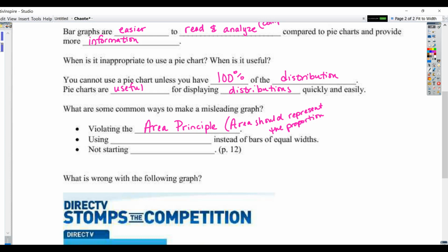So let me just give you a quick example of what I'm talking about here. So basically, if I have a graph, and I'll just make up something, let's just say score on last test.